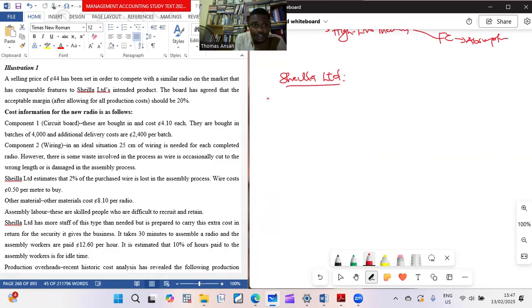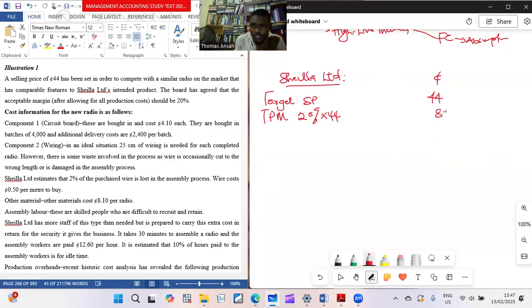So the target selling price in the market, using market information, is given to us as 44. And the entity expects their target profit margin to be 20% of that. So 20% of 44, 0.2 times 44, gives something like 8.8.